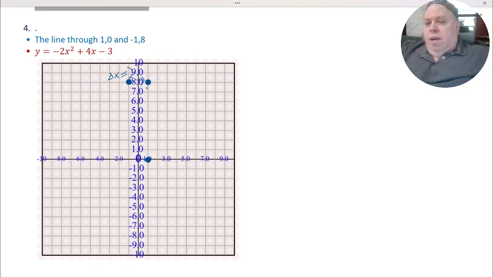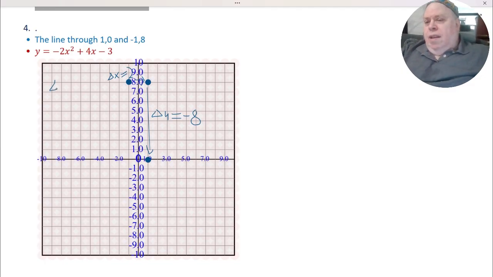Then we'll go down here and discover that delta y equals, it's down, so it's negative, and it goes down from 8 to 0, so it's minus 8.